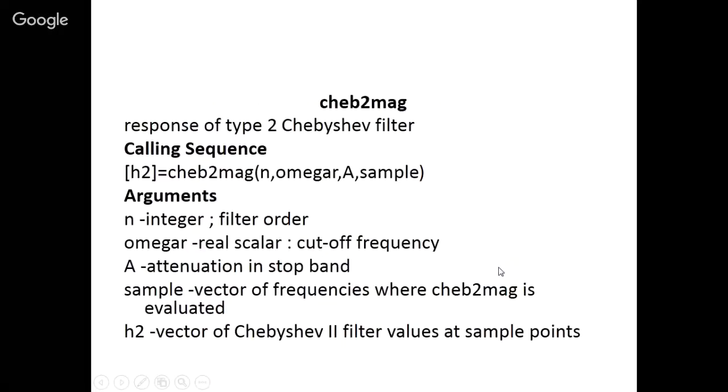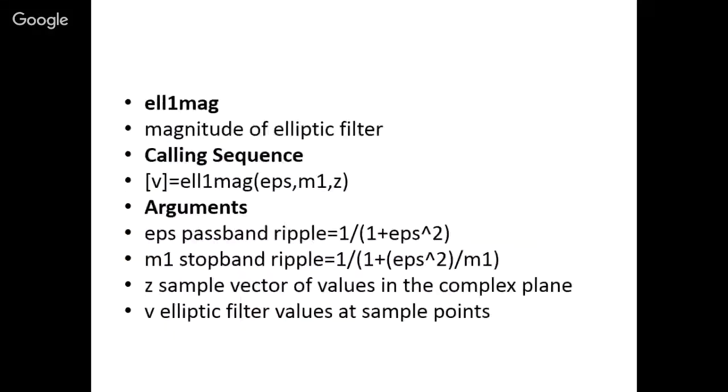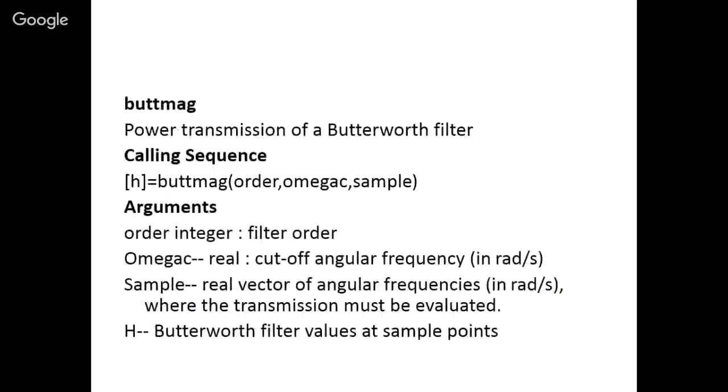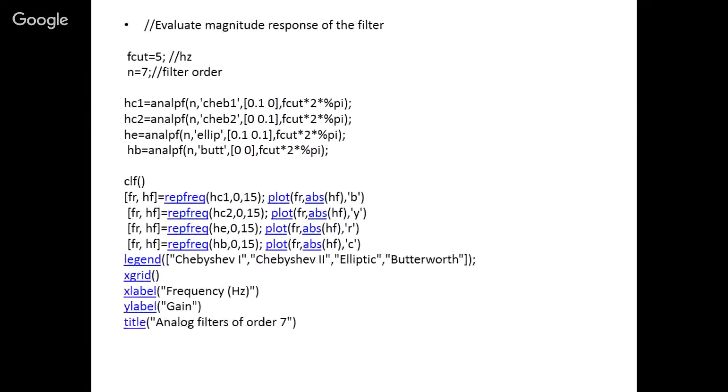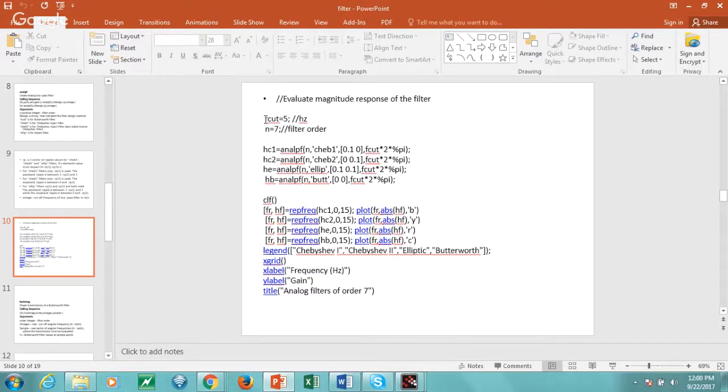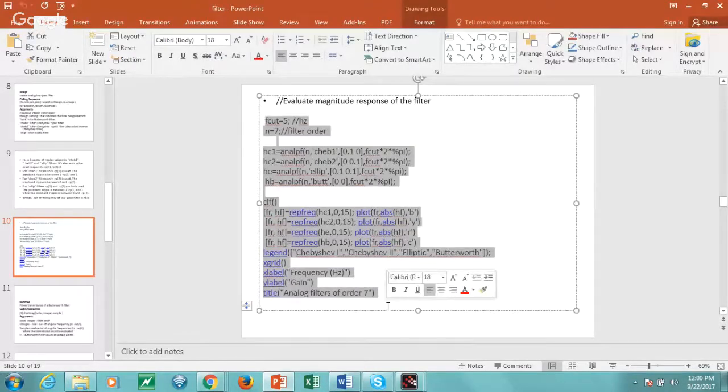Now these are all the magnitudes, and let us see how it will show in Scilab programming. So let us copy this, and then we will run it in the Scilab environment.